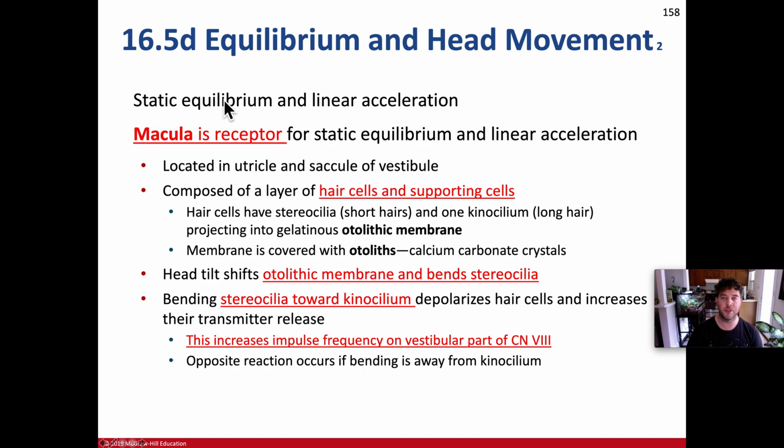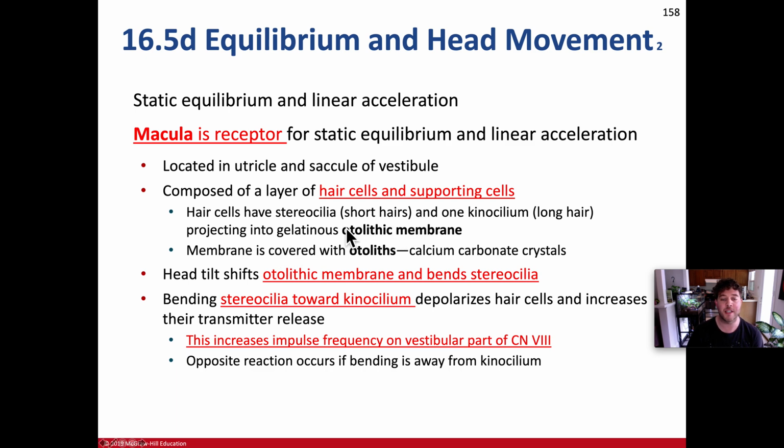Within the utricle and the saccule, they have these things called the macula. The macula is the receptor for static and linear acceleration. It's within the vestibule. It's composed of a layer of hair cells and supporting cells, so more hair cells here. The hair cells have stereocilia, which are shorter hairs, and then one long kinocilium.